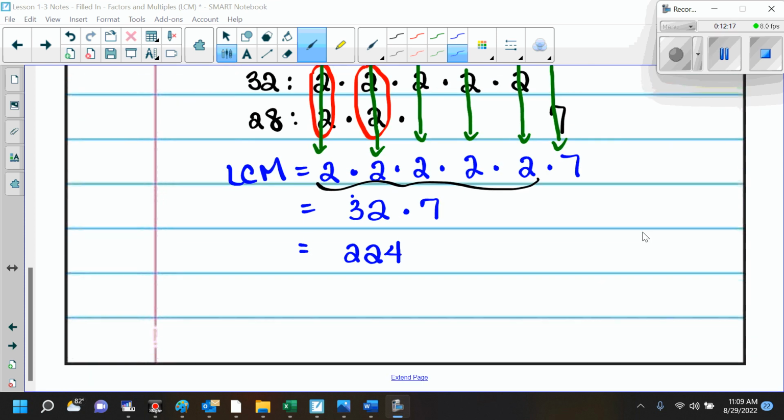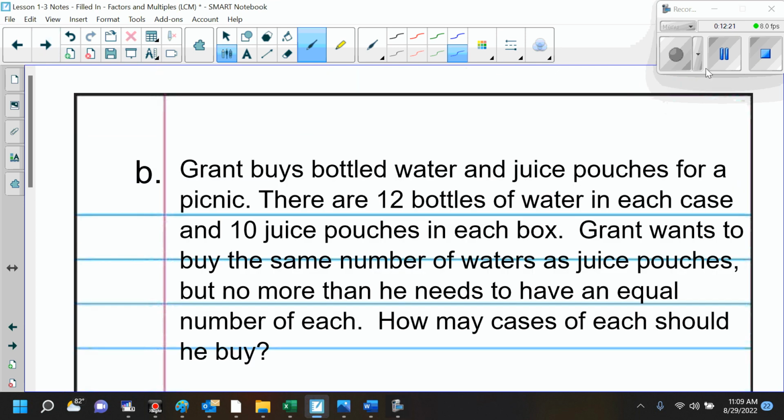So, I want you to do this one with your table partners. It says, Grant buys bottled water and juice pouches for a picnic. There are 12 bottles of water in each case and 10 juice pouches in each box.